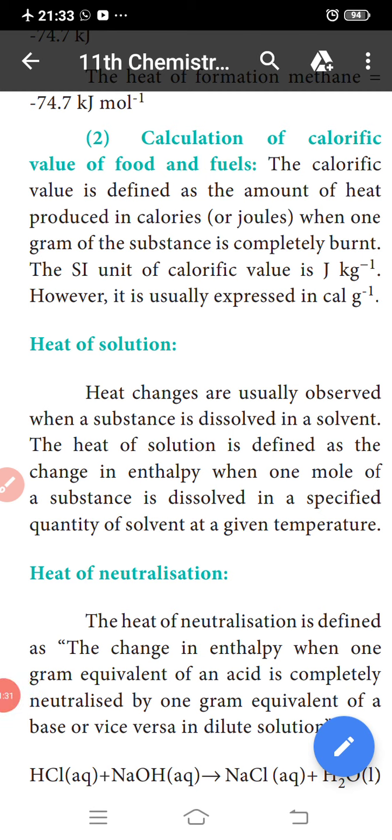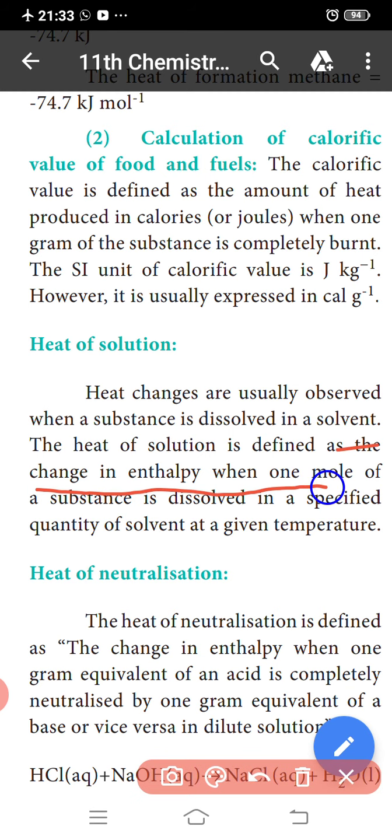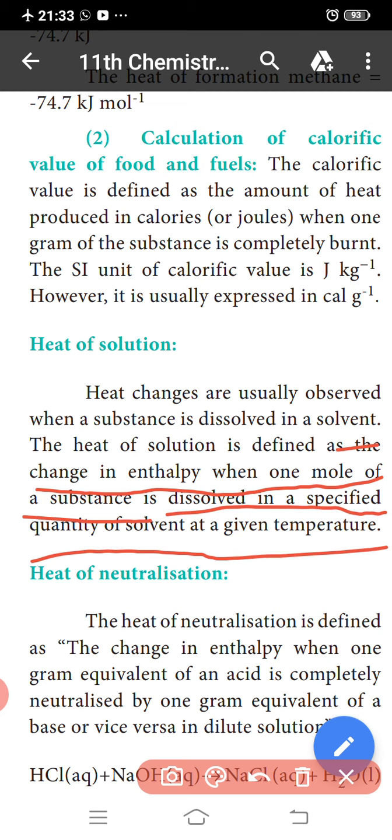So the heat of solution is defined as the change in enthalpy when 1 mole of a substance is dissolved in a specified quantity of solvent at a given temperature. It's called heat of solution.